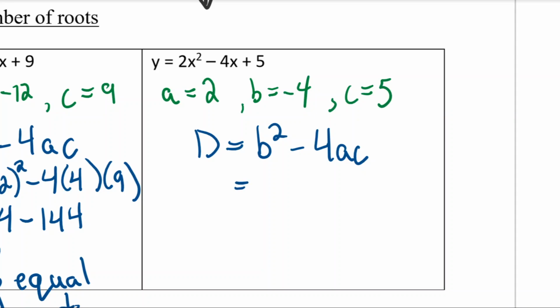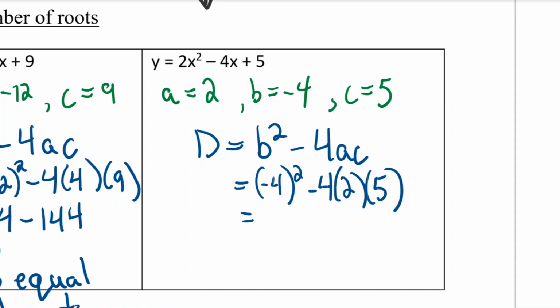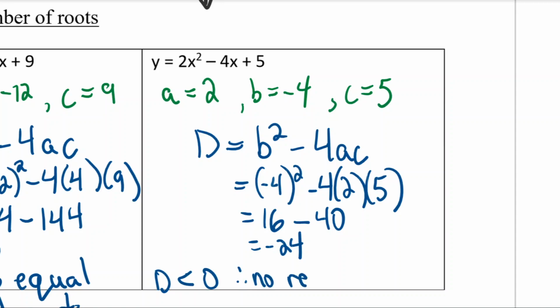We get our negative 4 squared minus 4 times 2 times 5, which means we get 16 minus 4 times 2 times 5, which is going to give me negative 40, which is negative 24. Whenever your discriminant is less than 0, so it's a negative answer, it means no real roots.